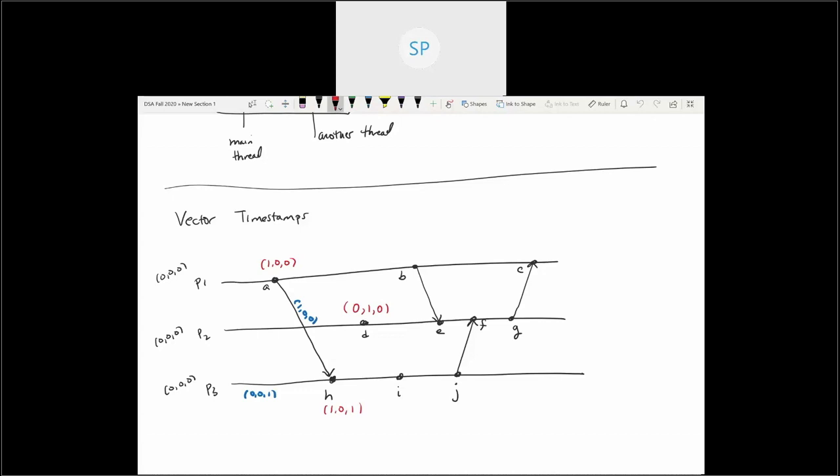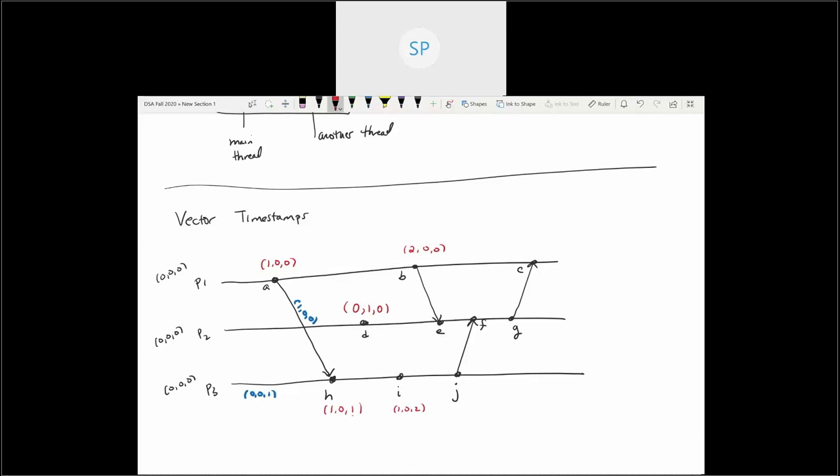And then B would be the second event at process 1, so 2, 0, 0. Okay. And does anyone want to tell me what I is? So I is just going to be 1, 0, 2 because it's a local event. So process 3 just ticks the component for its own entry in that vector.